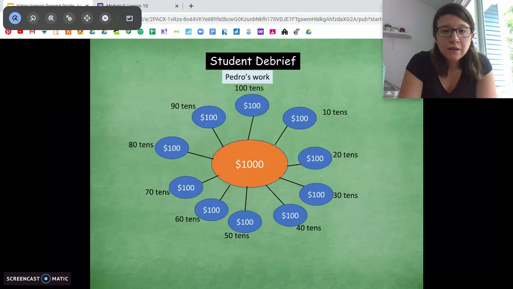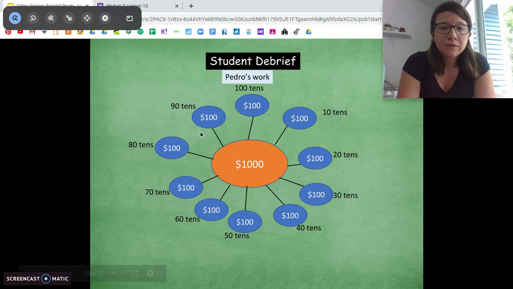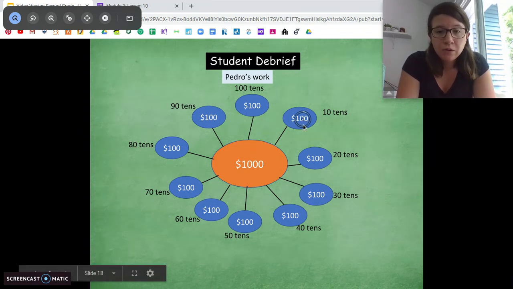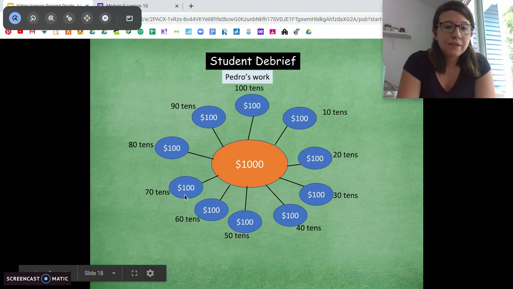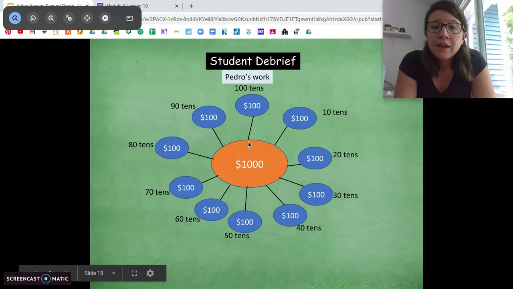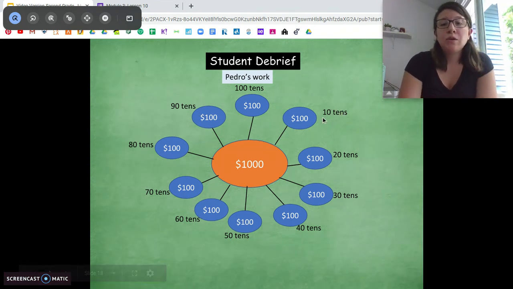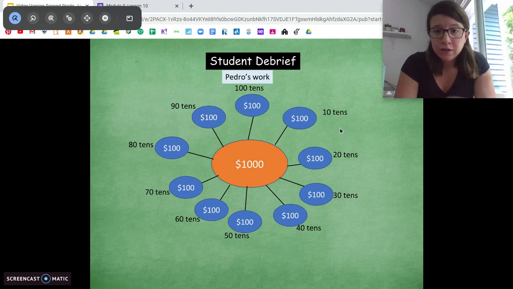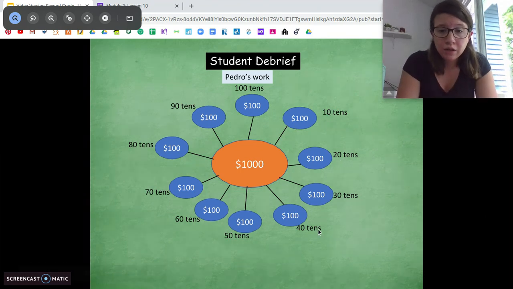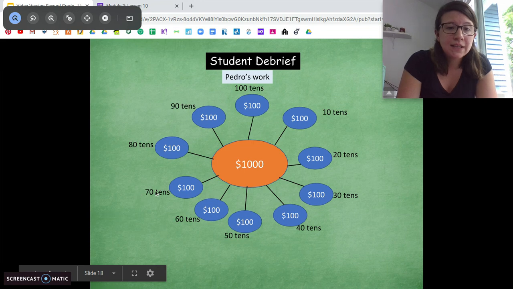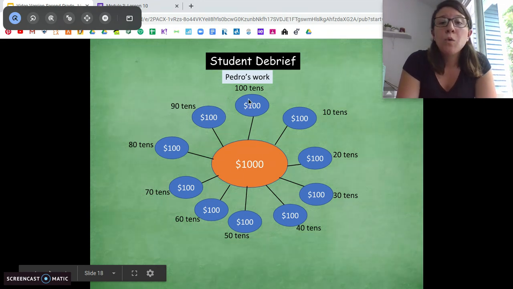So he counted how many 100s are going to equal 1,000. 1, 2, 3, 4, 5, 6, 7, 8, 9, 10. And then he broke that down. He knows there are 10 tens in each 100. So he said 10, 20, 30, 40, 50, 60, 70, 80, 90, 100.